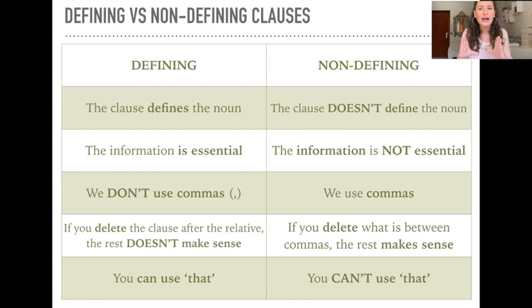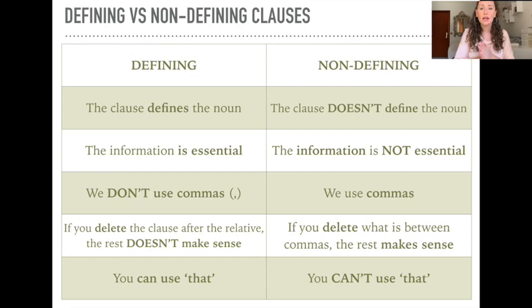Que nos ayuda a identificar de quién hablamos, ¿sí? Definen de quién hablamos. En cambio, las non-defining nos dan extra information. Es decir, no nos ayudan a definir de quién estamos hablando, simplemente nos dan una información not essential, no necesaria, no esencial para saber de quién hablamos.